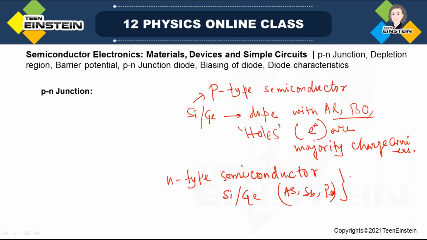N-type semiconductors have conduction electrons as the majority charge carriers.